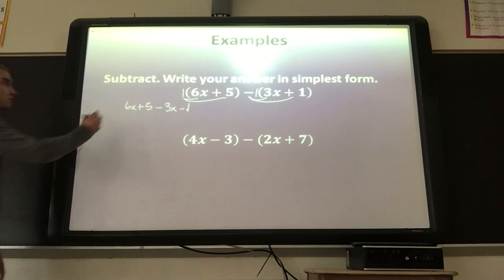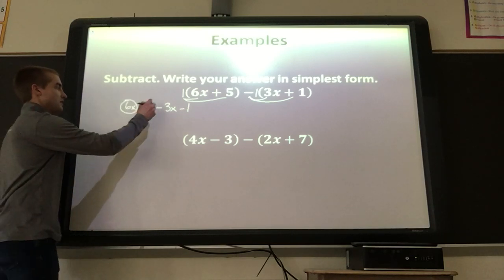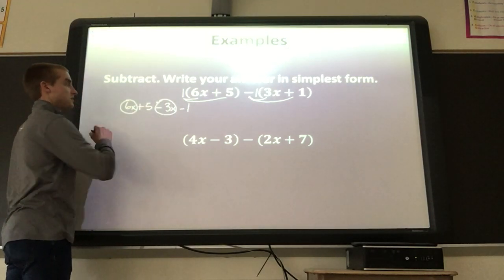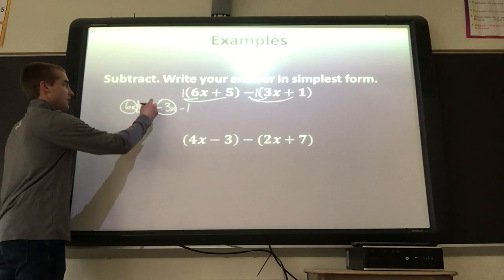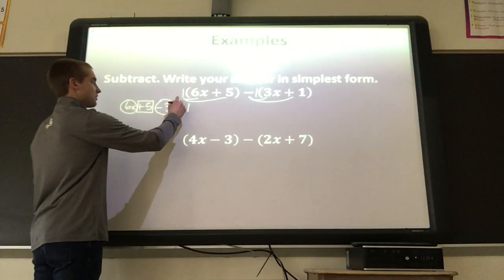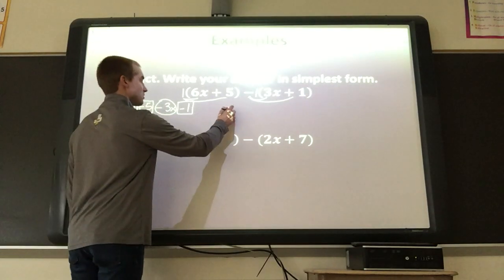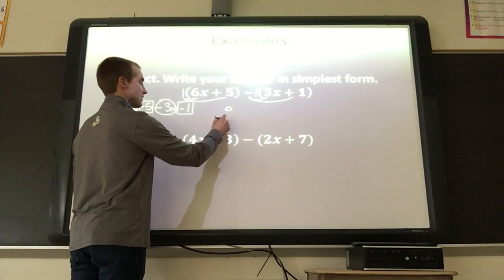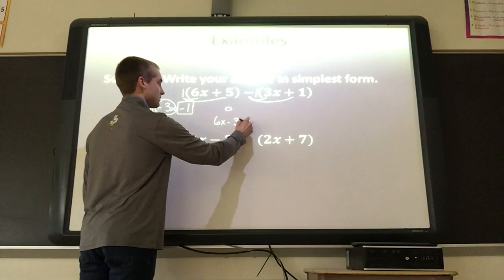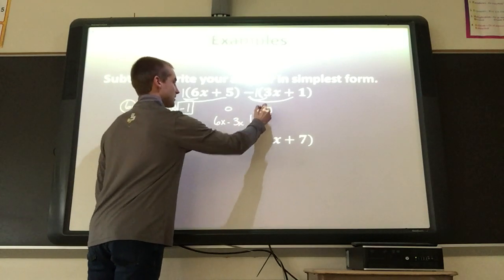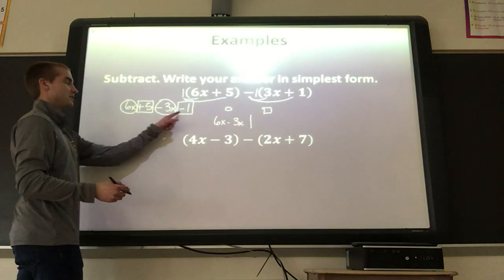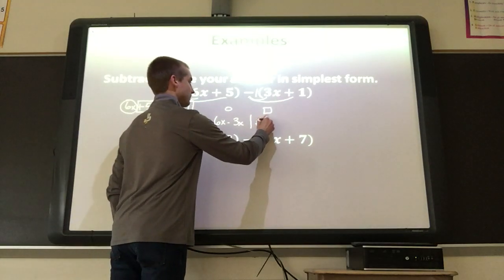Without parentheses, which means we can circle the 6x, we'll circle the minus 3x, and then we will box in our plus 5 and our minus 1. Everything that's been circled, we write together, which is 6x and minus 3x. Everything that's been boxed in, we write together, which would be plus 5 and minus 1.